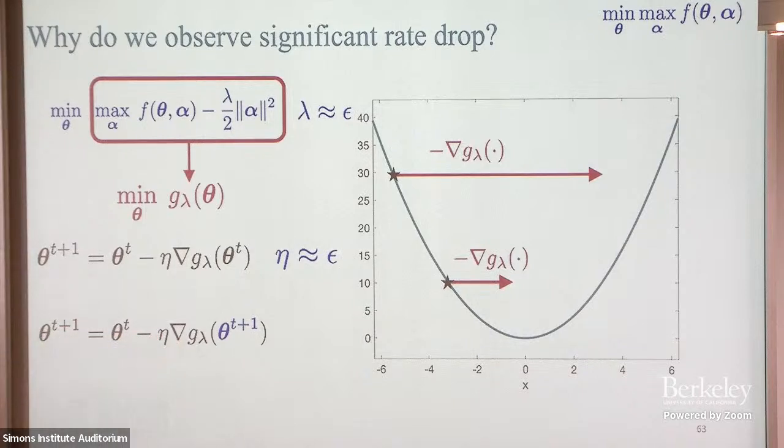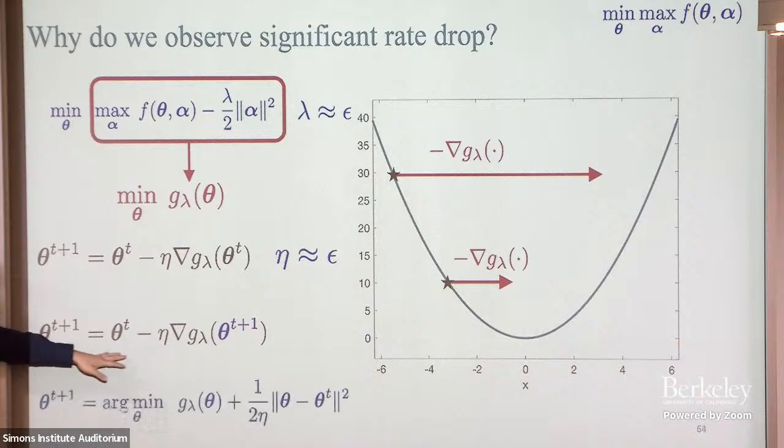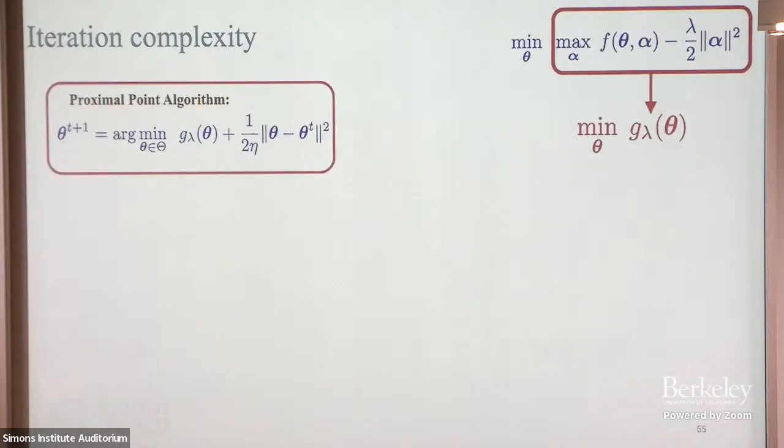Okay? So if I choose any eta, this algorithm is guaranteed to give you a decrease. And the reason is that this dynamic here is equivalent to this one, the proximal point, which you can see that g of theta t plus 1 is less than or equal to g of theta t, no matter what eta you choose. So if we want to choose a large step size to have a faster convergence rate, you have to follow proximal point.